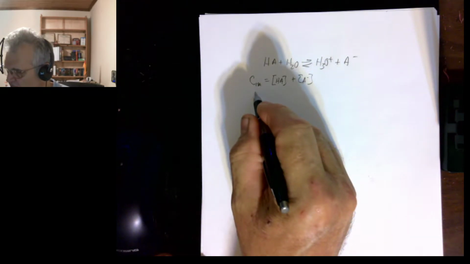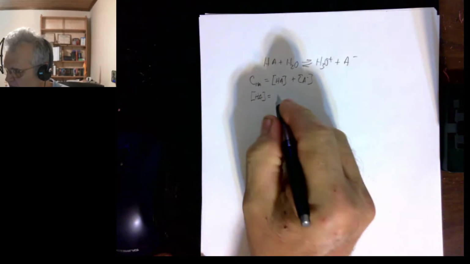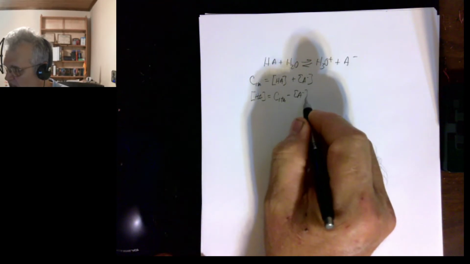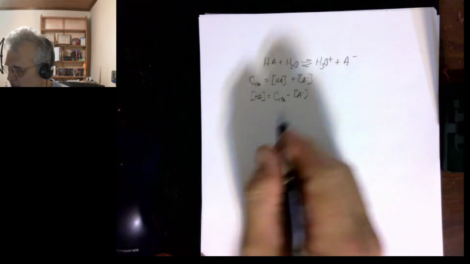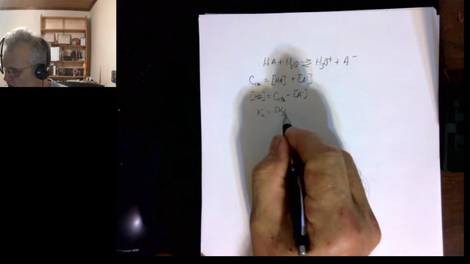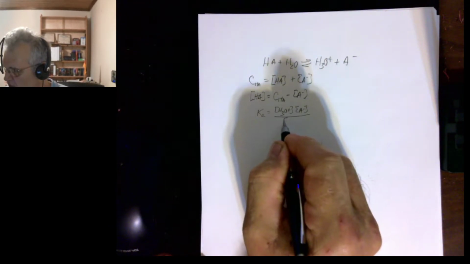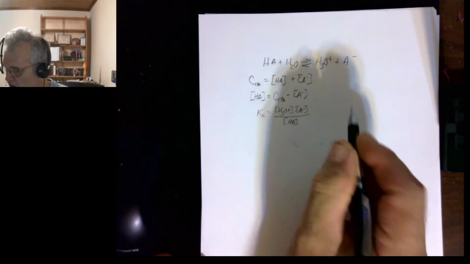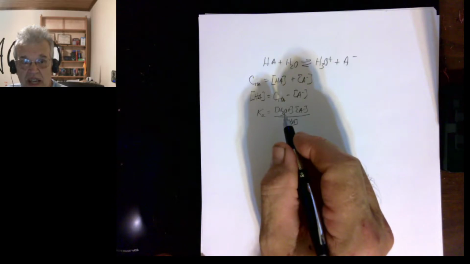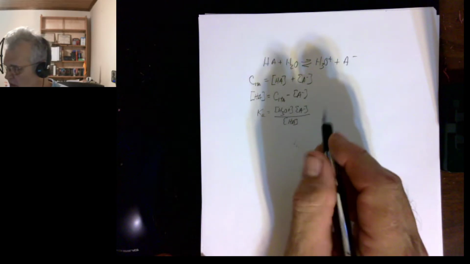And then I can change that to say that [HA] is equal to C_HA minus [A-]. And the reason that helps is if we look at our Ka, it is equal to the hydronium ion concentration times the A- concentration over top of HA, products over reactants. Remember, capital K, products over reactants, raised to the power of their coefficients from the balanced chemical equation.